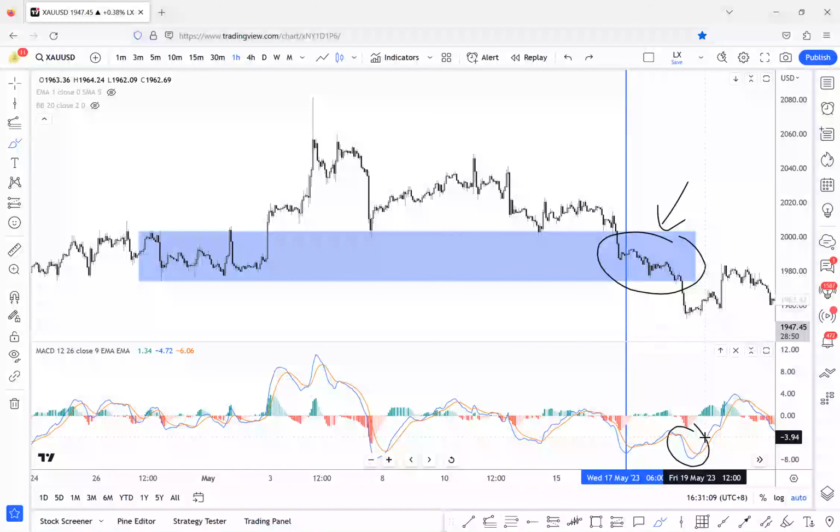I hope that this has been helpful in terms of how you can use dojis, market structure and also MACD to identify the trades and which are the areas that we can focus on. Across different market structures, in a bullish market structure, we want to focus only on the bullish crossovers or MACD crossing above 0 as buy signals.